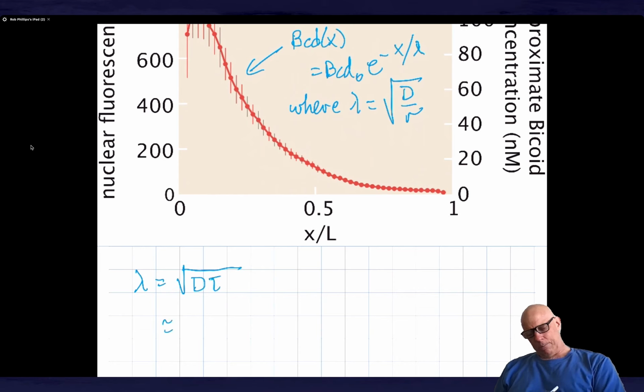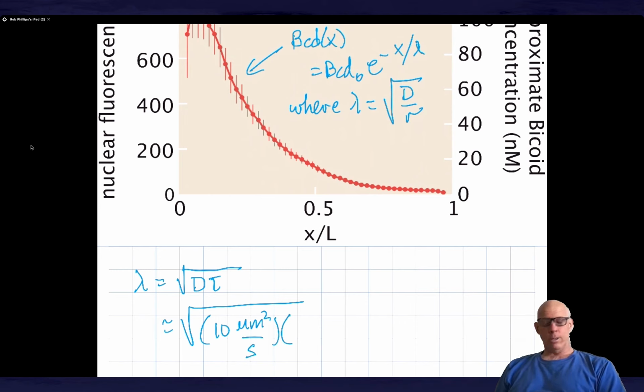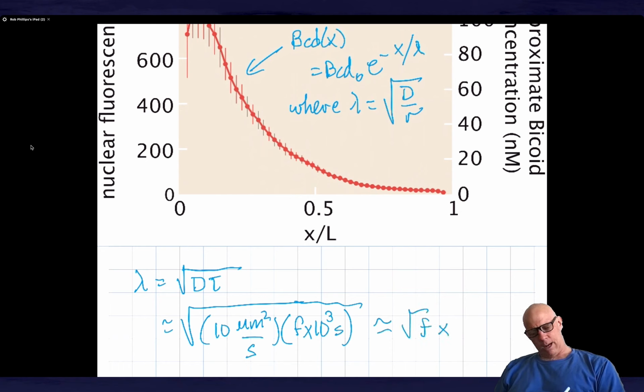If I take D to be of order, let's say, 10 microns squared per second, and I take tau to be on the order of, let's call it, something like a few times 10 to the 3 seconds, then this gives me the square root of a few times 100, and that's in microns.